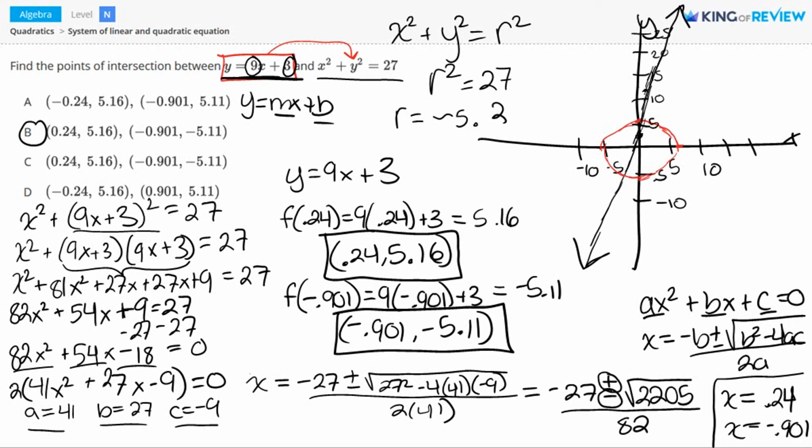So here's our circle. And you can see that the line intersects the circle at 2 points. It intersects somewhere around here and another spot right about here. And this is what we solved for here. We solved for the coordinates of these 2 intersection points.